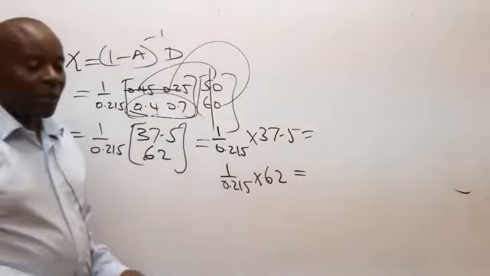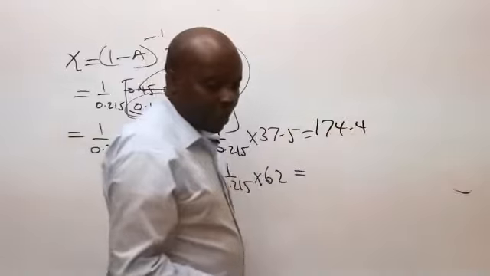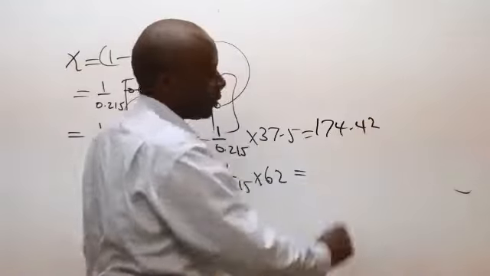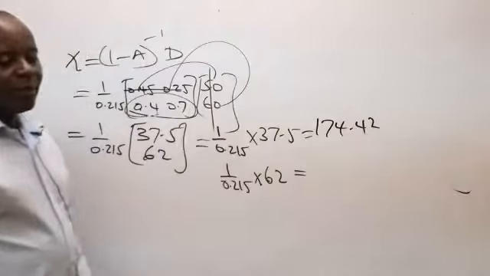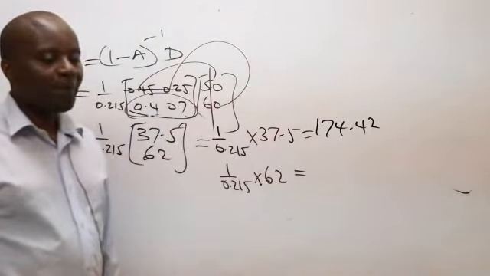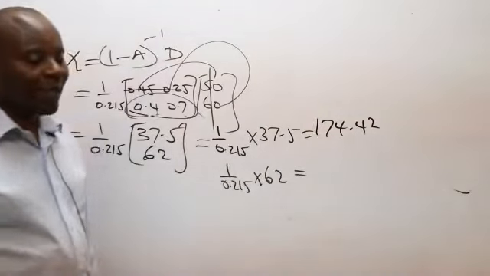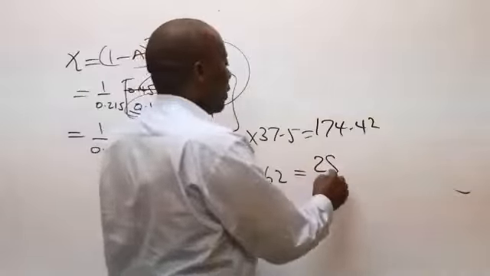According to James Areba, the first one should be 174.42, to two decimal places, and then the second one, 288.37.